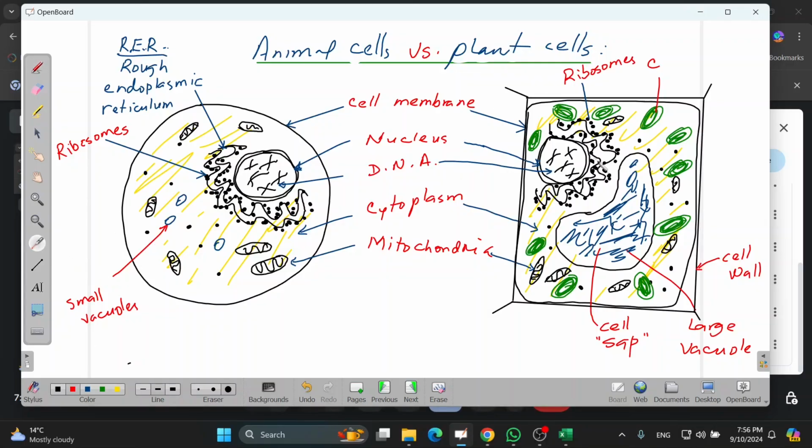The ribosomes in plant cells are found on the rough endoplasmic reticulum also, which is this membrane here, right? So let me put that also. Rough endoplasmic reticulum with ribosomes. Because plant cells also need to produce proteins on the ribosome, just like we do. But I was talking about these green structures here.